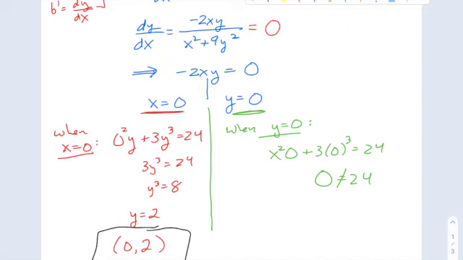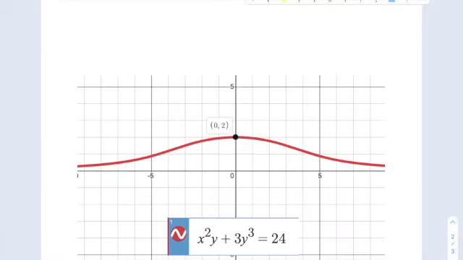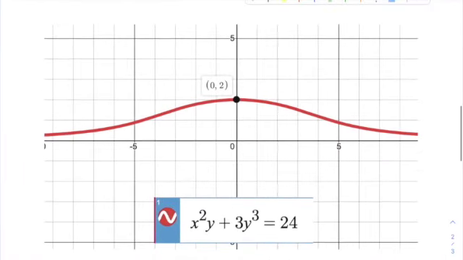And a great way to confirm this, if you're ever unsure when you're doing your homework, not that you have this luxury on a test, is to check out the graph on your calculator, or in this case on Desmos, because Desmos is great for graphing implicit functions, because you can just type it in as is. And here is that function, x squared y plus 3y cubed equals 24. And you can see there's this horizontal asymptote at y equals 0.